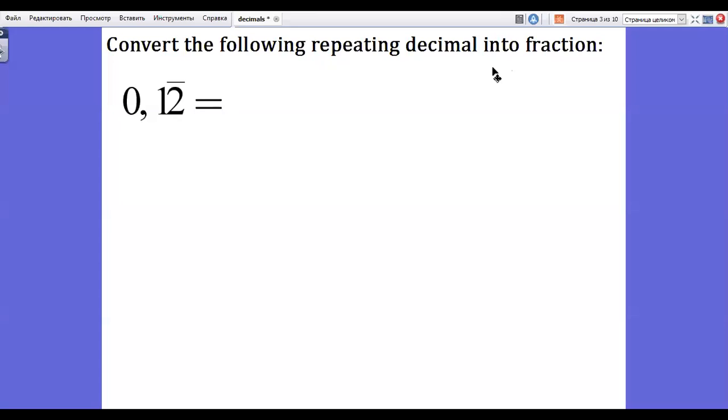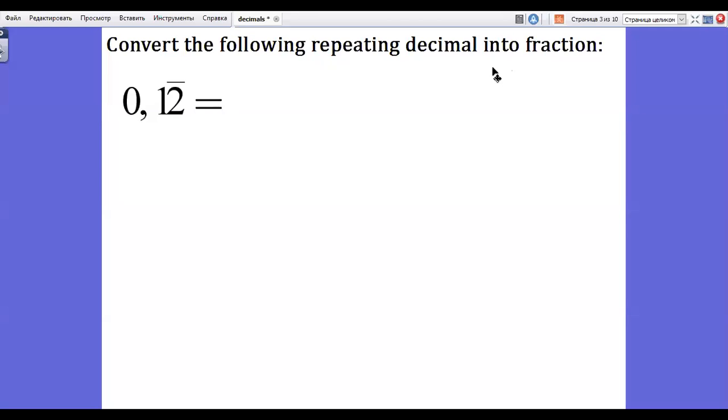Now, in next examples, we are going to work with repeating decimals. If decimal has after the decimal point numbers which repeats endlessly, it means you have repeating decimal. And here we have 0.12, and if you see above 2 we have bar.